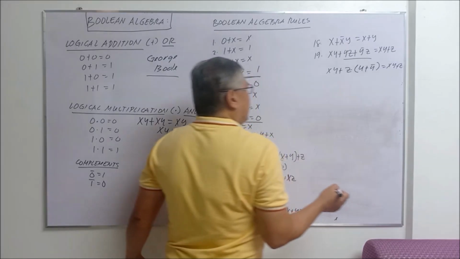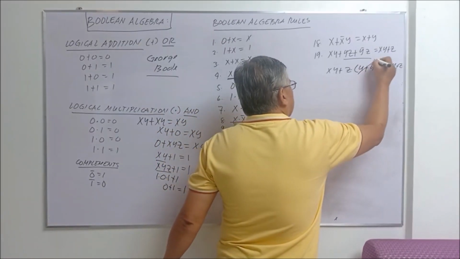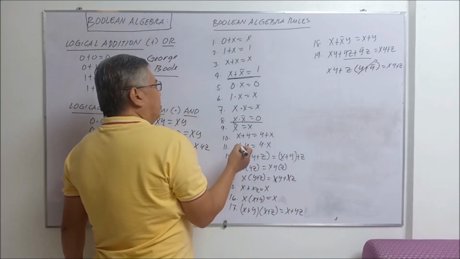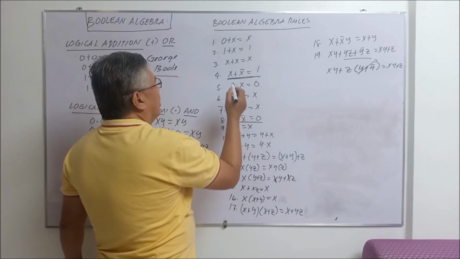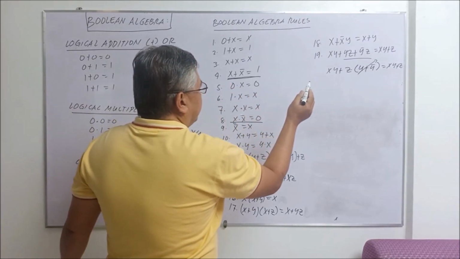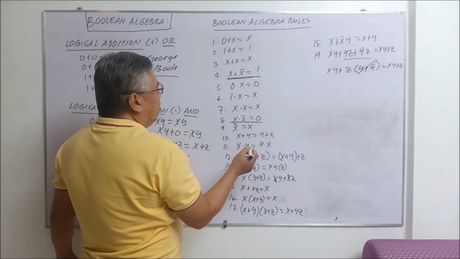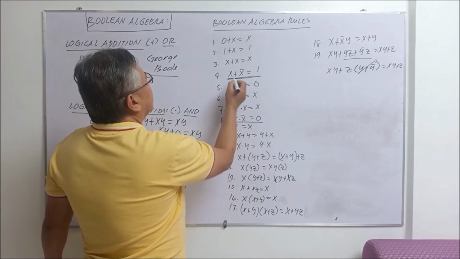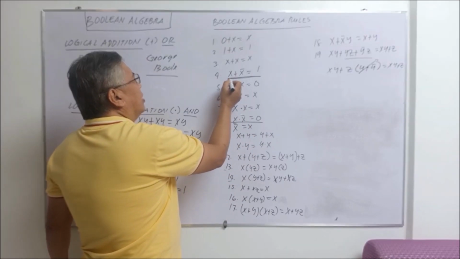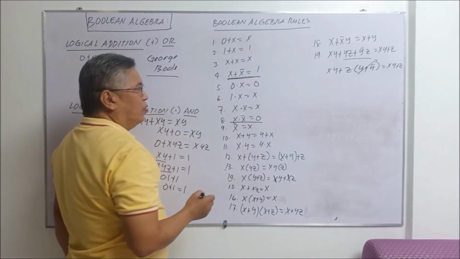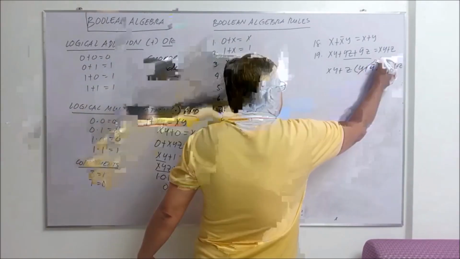Are they equal? So you know, what is this? y plus y bar. So you have a variable added to the complement of that variable. Where is that? This one. Rule number 4 is equivalent to 1. So this is 1 here.